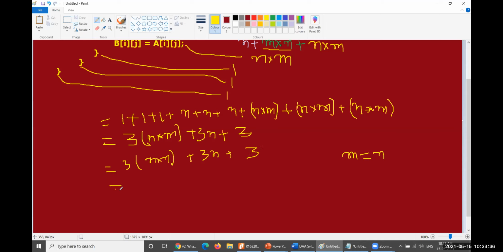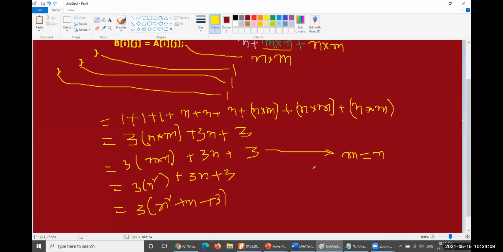So therefore, you get 3 n square plus 3n plus 3, that is, n square plus n plus 3. This equality, where m equal to n, is taken because normally while taking input for any algorithm, it is in terms of n only.